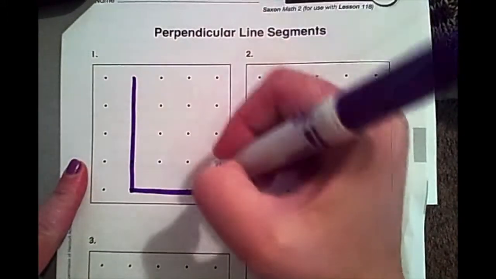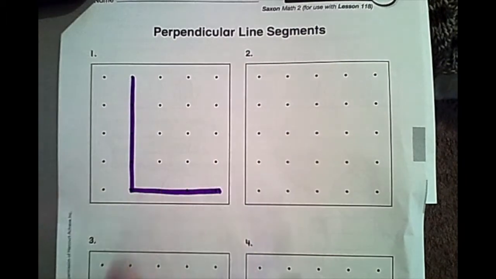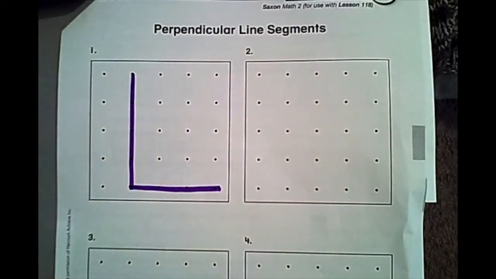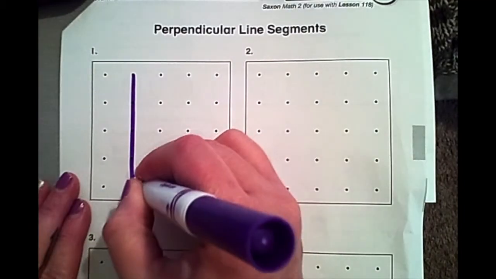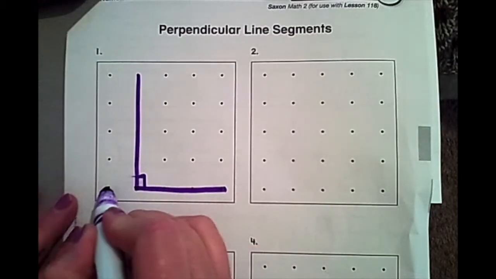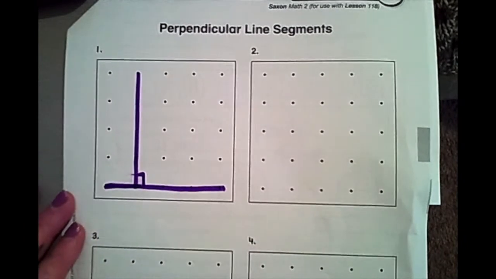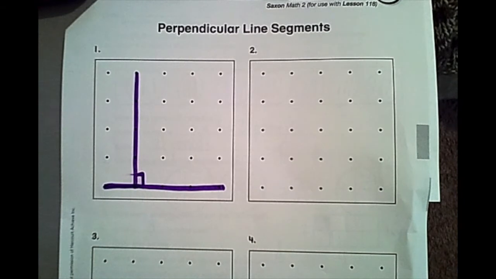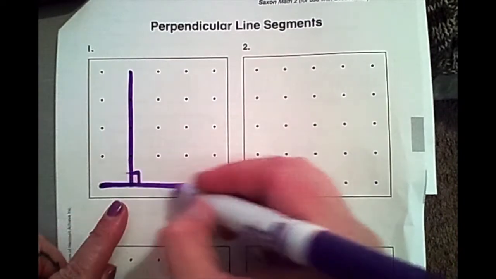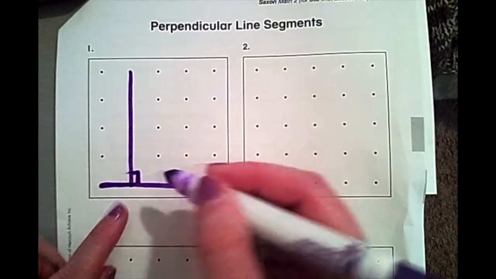Okay, and we had the line connecting across. And remember I said a right angle is one that a piece of paper can fit right into the corner. See how that fits right there? This is what a right angle looks like. And actually, these two lines, if I connected this, this is not a parallel line, a perpendicular line because they are crossing at a 90-degree angle.